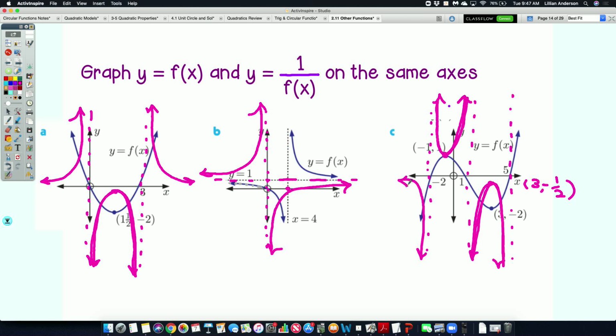Yeah, because those y values are negative, so 1 over a negative value is still negative. And then what about on the right side of that far right asymptote? Positive, and it should not touch the x-axis either. Questions? Questions on the reciprocal functions?